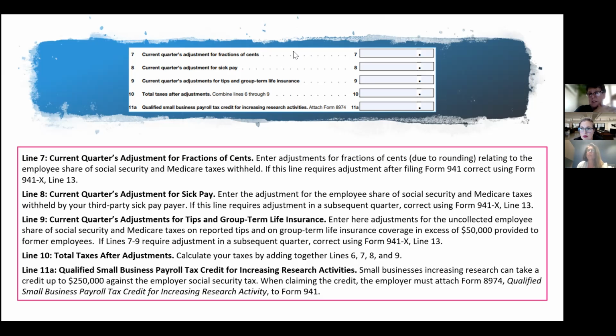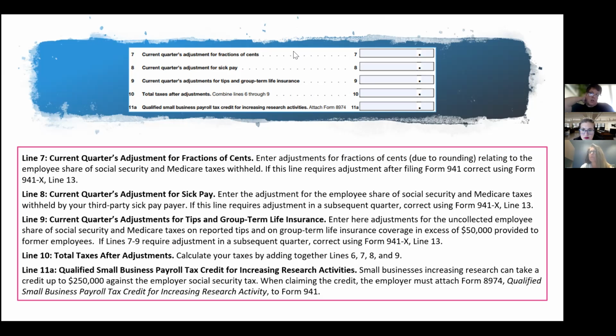So it's sort of an adjustment that the IRS allows you to make because you weren't able to collect those taxes from them from their last check. And in line 10, you're going to add up all those adjustments, so you know how much you can take off your total tax.